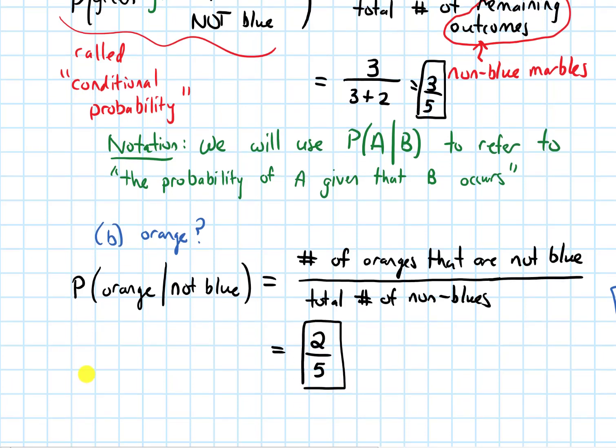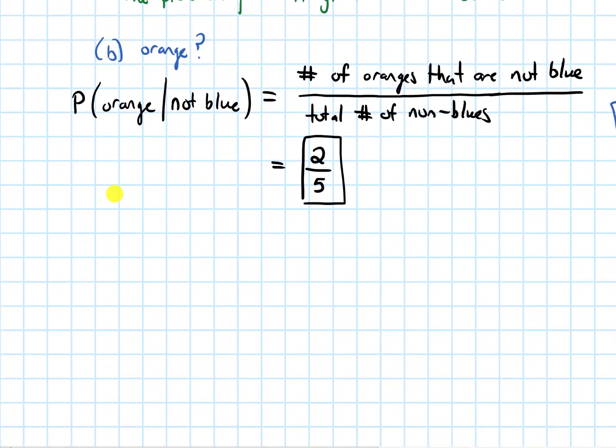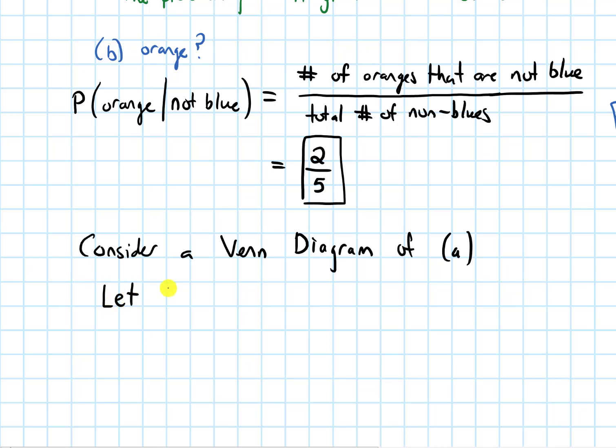Okay, so the next natural question is, now that we have this feel for what a conditional probability is, is there a formula for conditional probabilities? And let's try to motivate that with a Venn diagram. So let's consider a Venn diagram of the situation in part A. So I'm going to let capital G be the event that a green marble is selected.